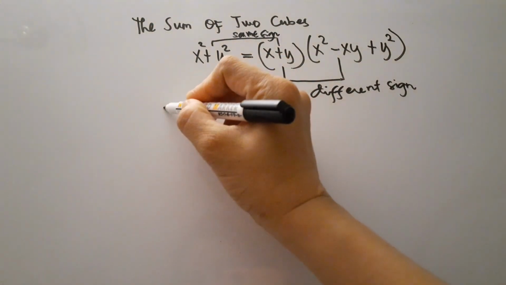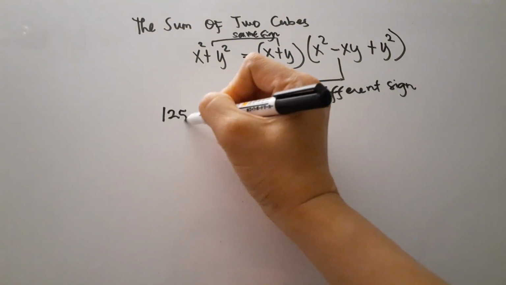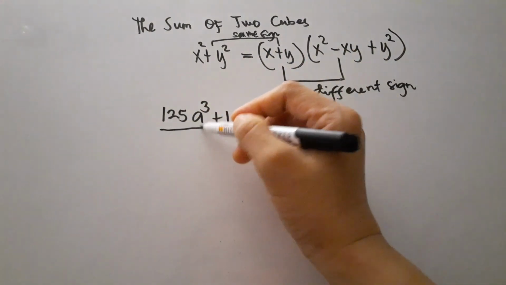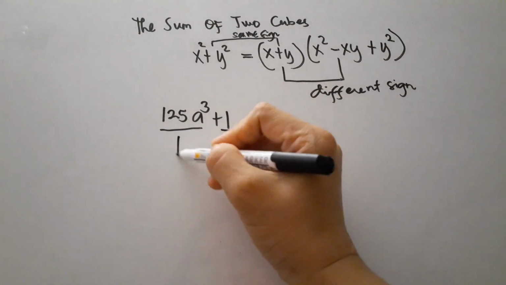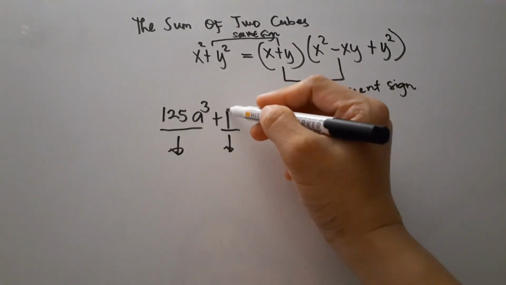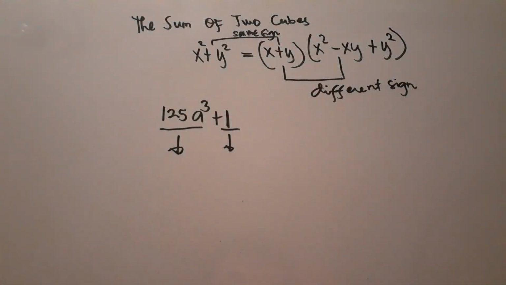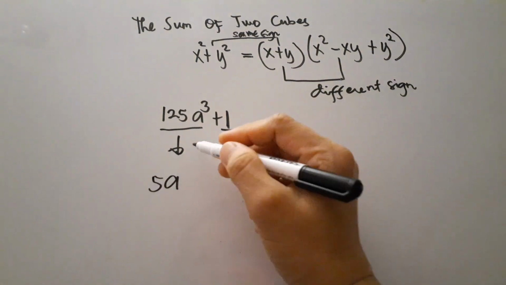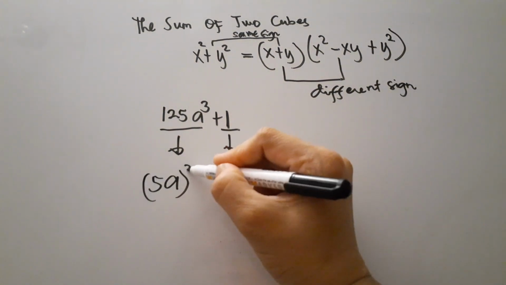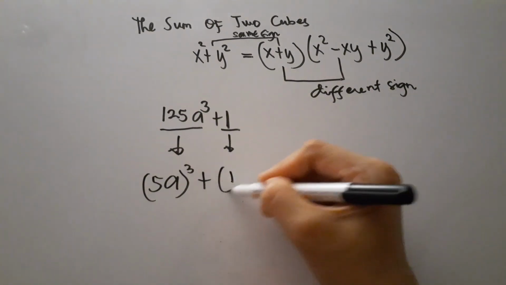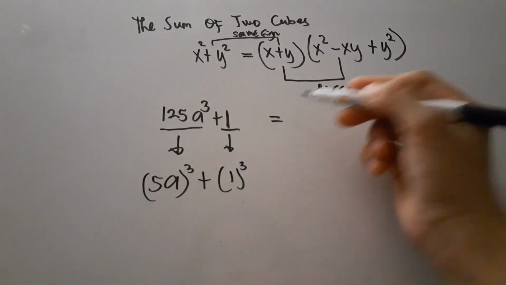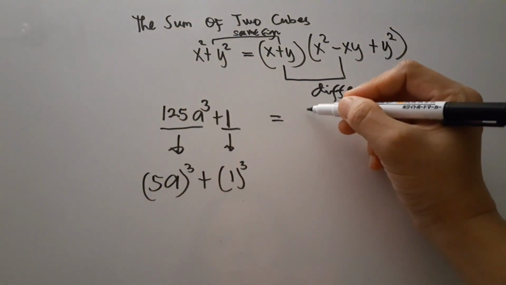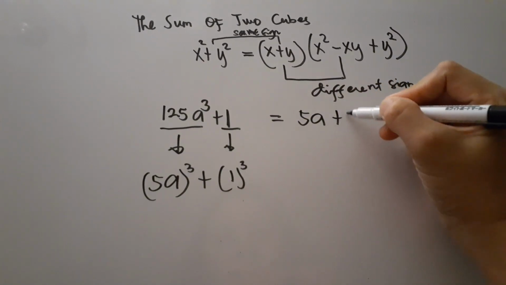So for example, 125a cubed positive 1. We factor first. 125a cubed is 5a cubed plus 1 cubed. Then we copy first 5a positive 1.